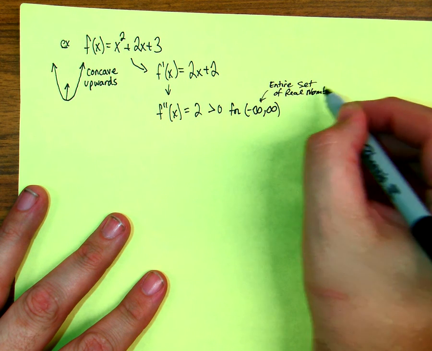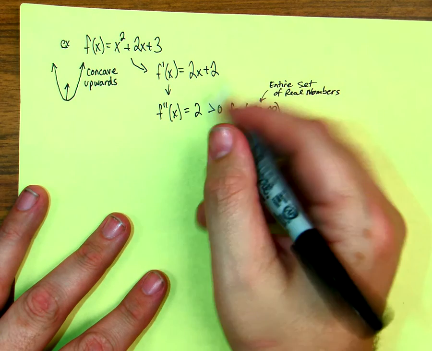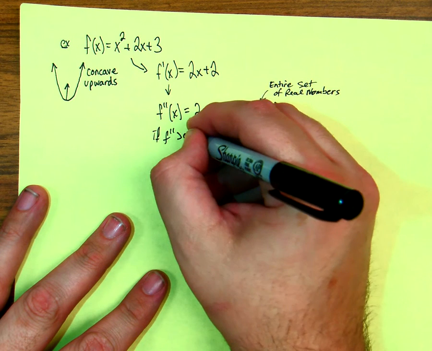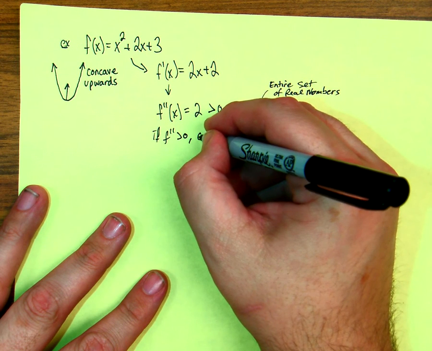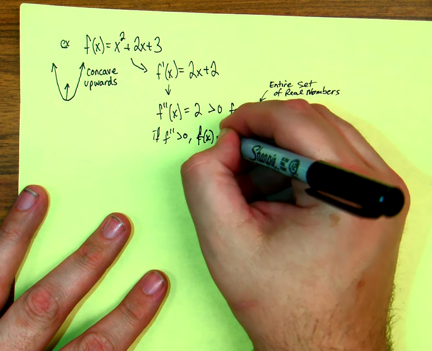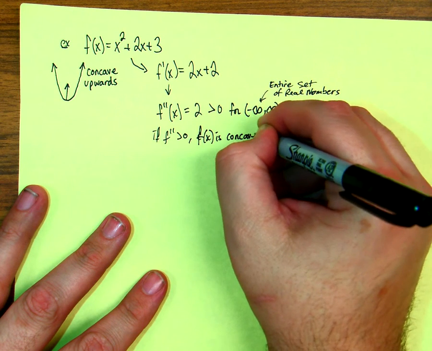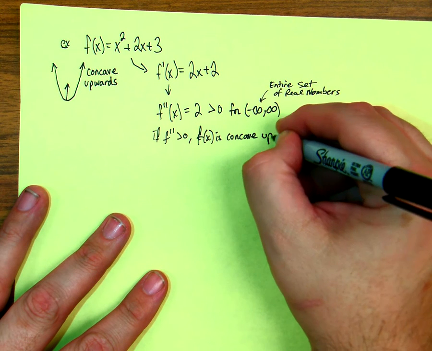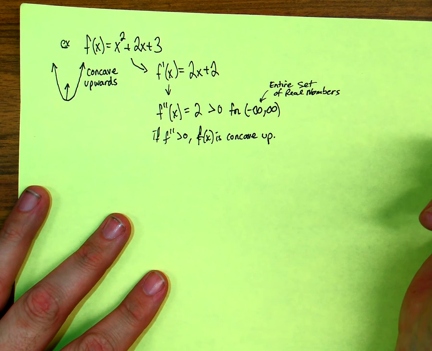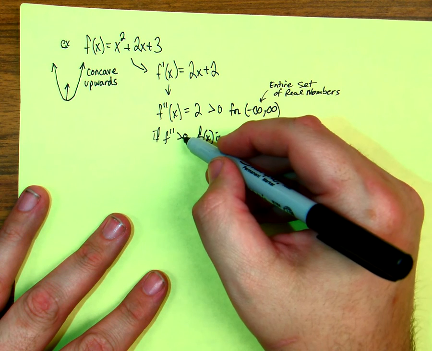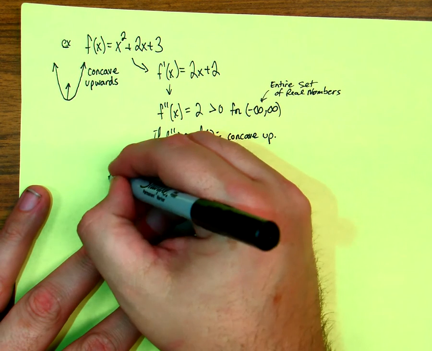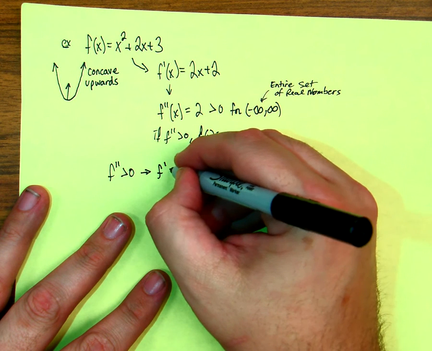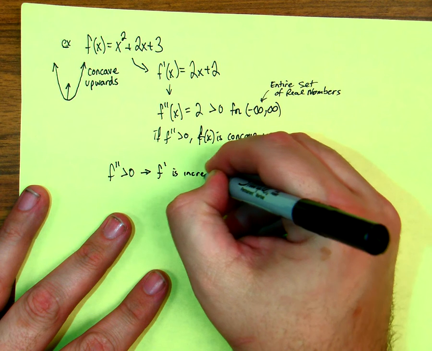Now, since it's positive, if f double prime is greater than 0, what do we know about concavity? Is it up or down? Up. I don't get why. Why if it's greater than 0? If f double prime is greater than 0, it tells us that f prime is increasing on the interval negative infinity to infinity.